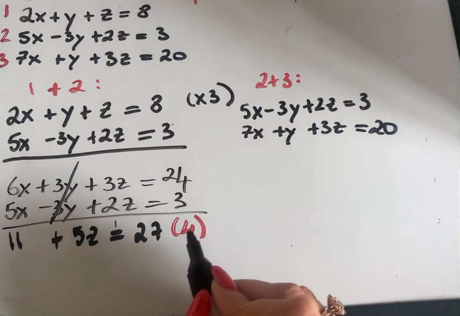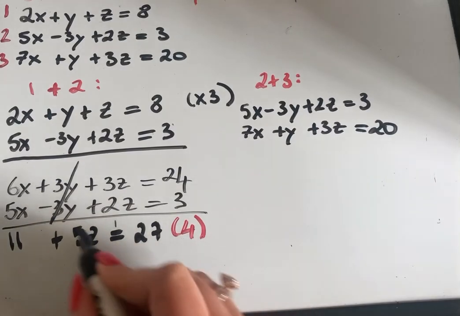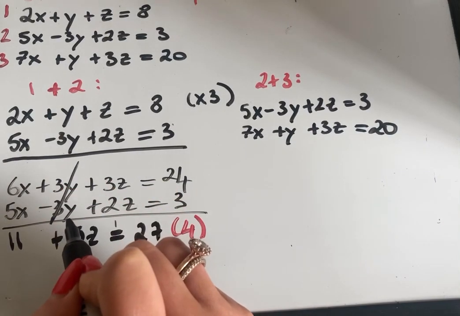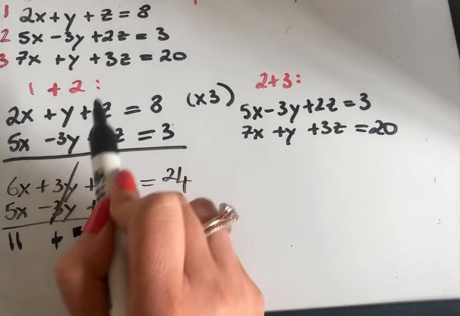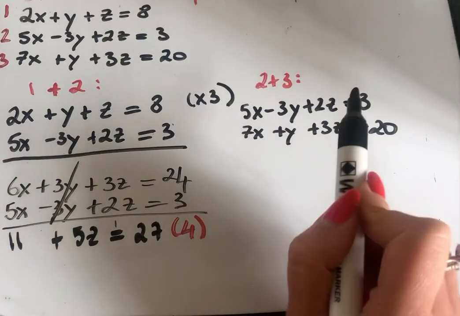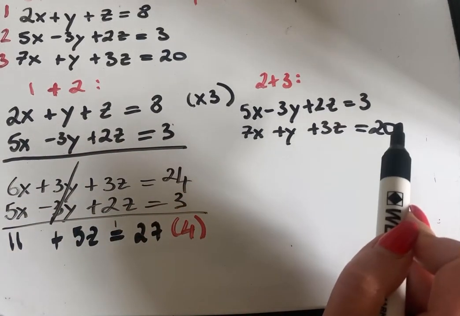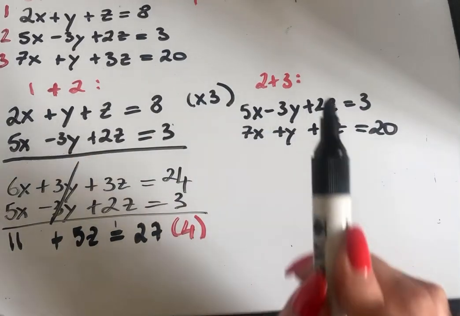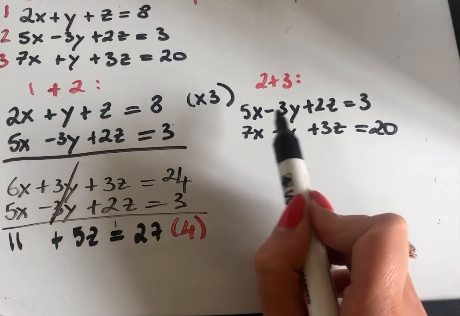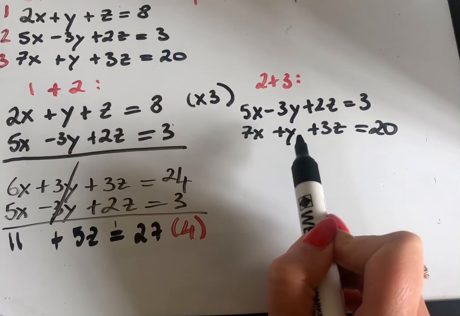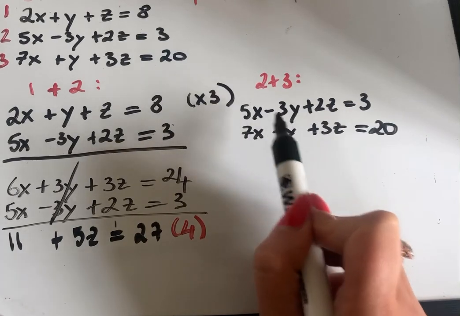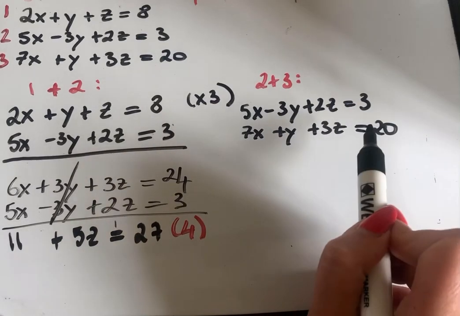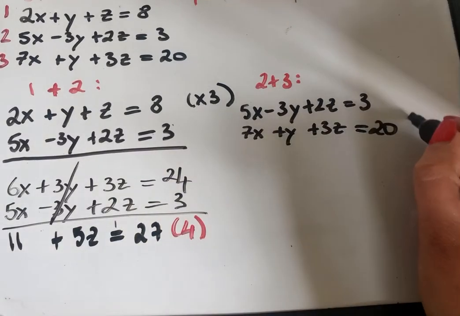Now, we have cancelled out already the y's over here in this equation. So when we took 1 and 2, we cancelled out the y's. So when we take 2 and 3, we also have to cancel out the same variable, so we have to cancel out the y's. So we say to ourselves, well, what will I multiply this by in order to get cancelled by the negative 3y? So we'll multiply across by 3. So let's do that.